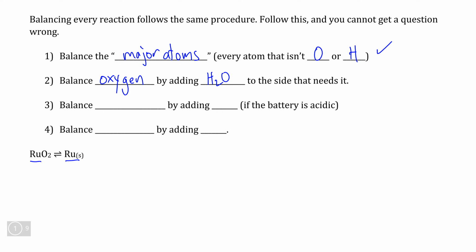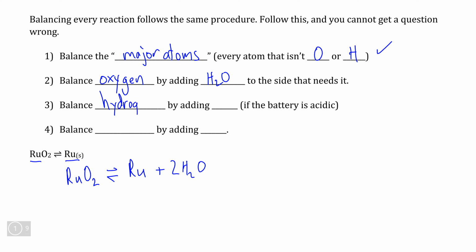The next thing to do is balance the oxygen within the reaction by adding water molecules to the side that needs it. We see that our reactants have 2 oxygen, meaning that in the products we would add 2 water molecules, so that our oxygen is now balanced. The problem with adding oxygen is that we've also added hydrogen, but that's what we can use acid for.